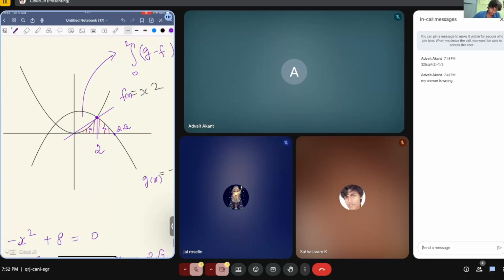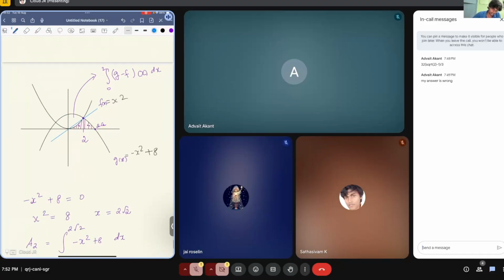Maybe I'll draw in a different color here. Let's say this is y equal to x square, that is the black line, and let's say this is y equal to 2x.